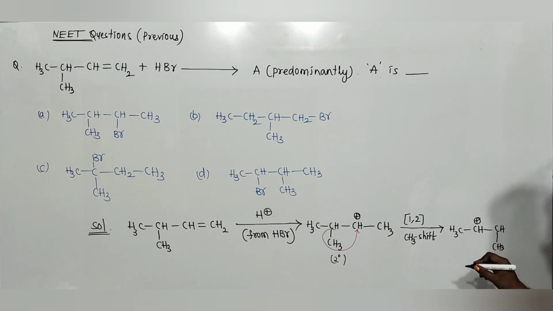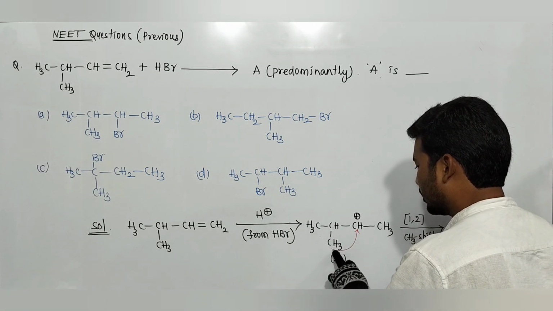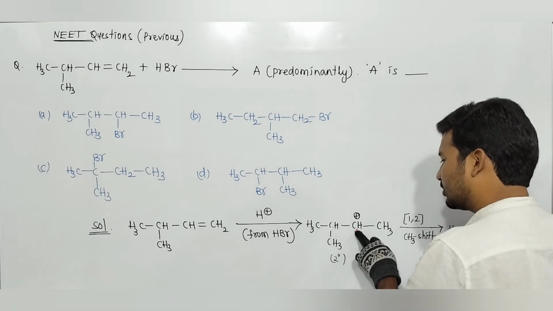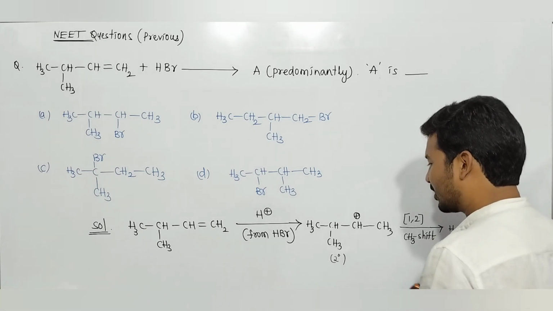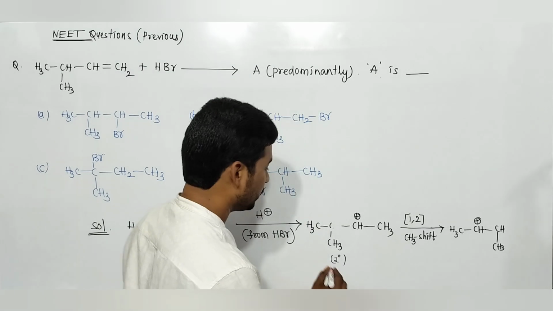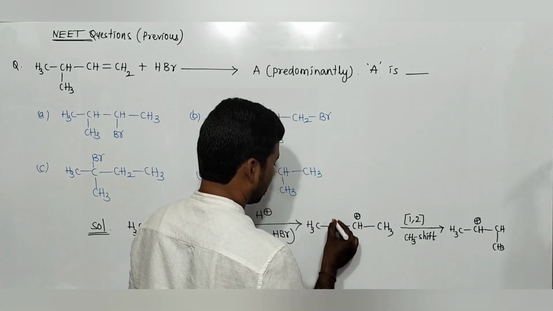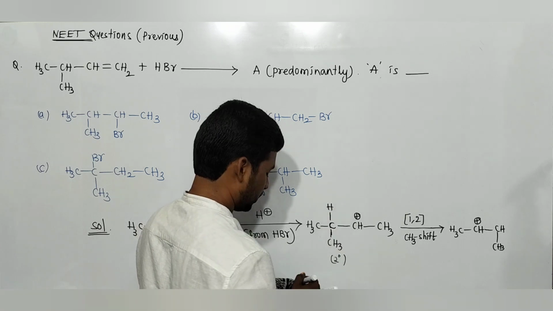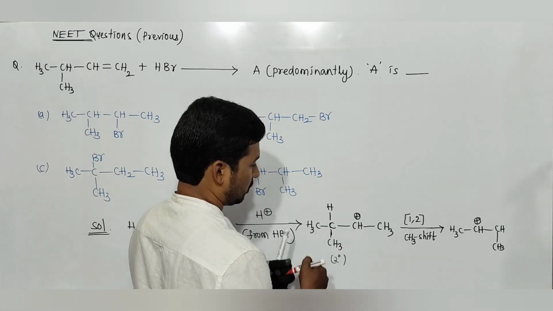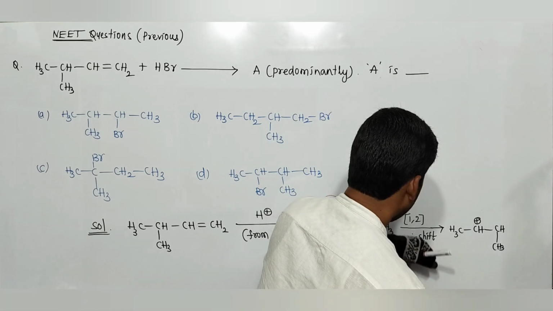What is used to transfer? Nothing. Hydrogen shift takes place here, not methyl group shift. After a methyl group shift, it would again become a secondary carbon, so there is no methyl group shift. First, hydrogen has high shifting ability, just like this, not the methyl group.